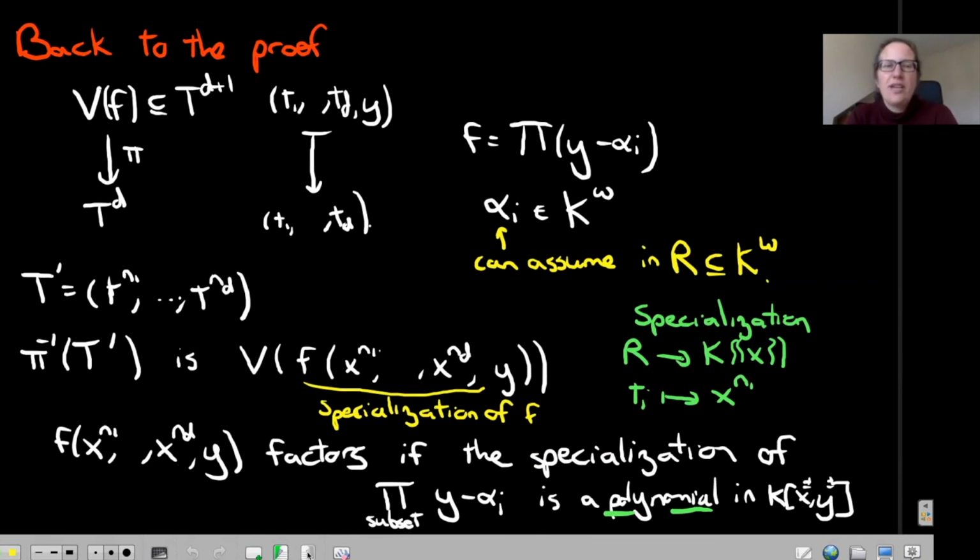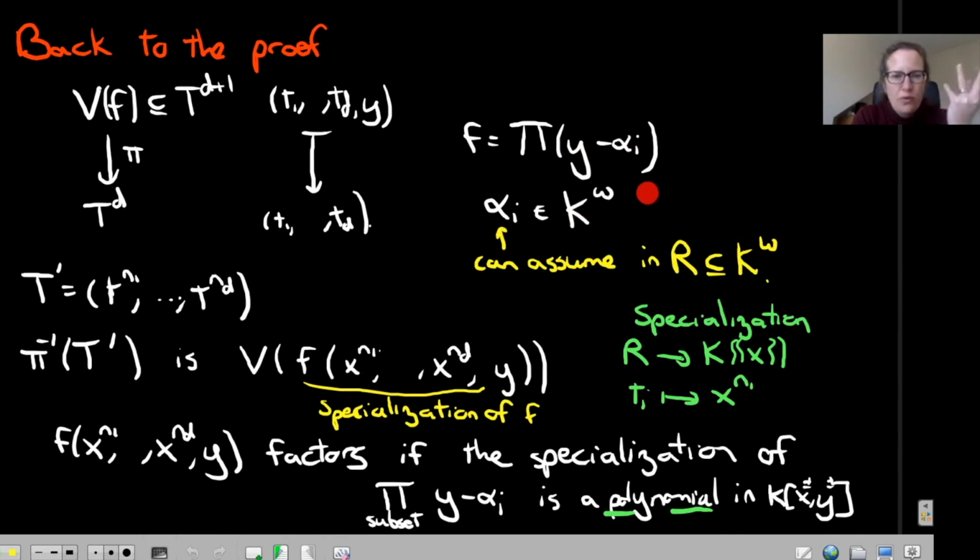Let me just finish by coming back to the proof. We had a hypersurface in a torus. We're projecting it down to a subtorus. We factored, and this was all stuff I told you before on the outline of the proof slide. We can factor f as a product of y minus alpha i, where the alpha i are now in our new field.